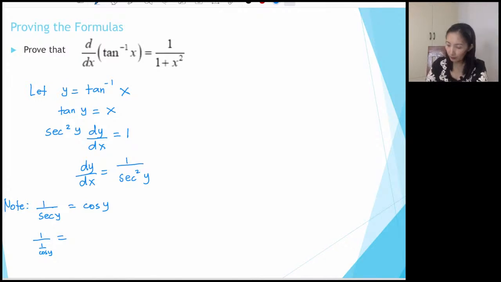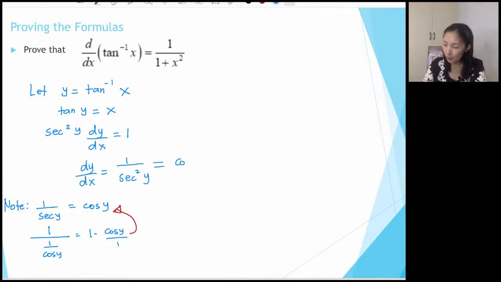Again, this is the same as 1 over 1 over cosine y, which is 1 times cosine y over 1. So going back, 1 over secant squared y is equal to cosine squared y.